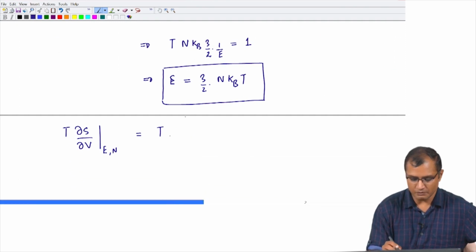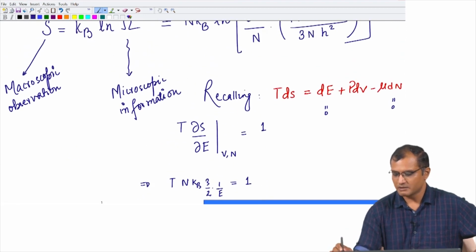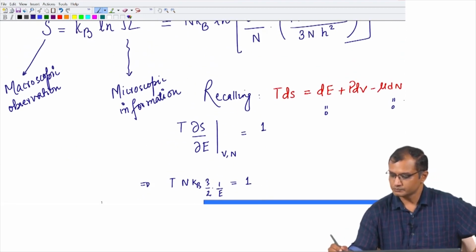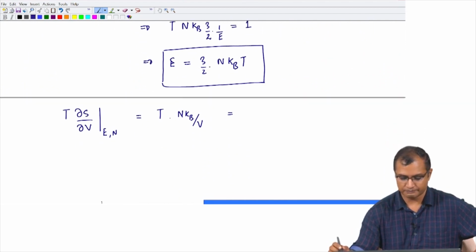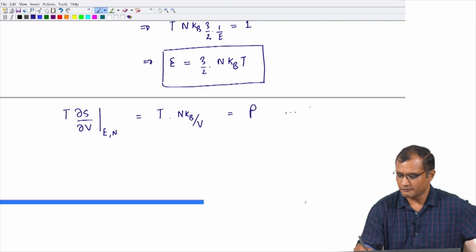So, it just gives you T times N kB over V, but this is equal to, if you look at the first law, the pressure.